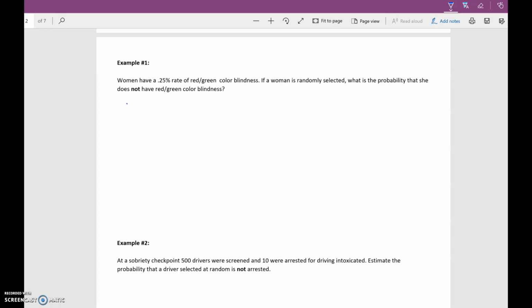In this case, they're talking about females, so let A equal a female having color blindness.